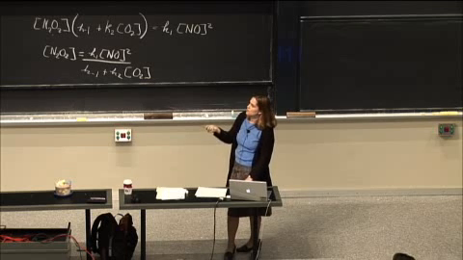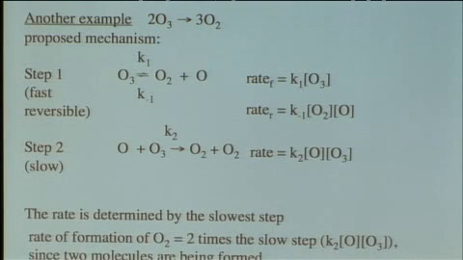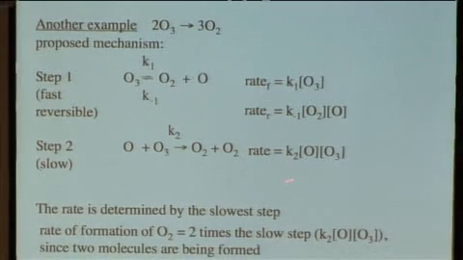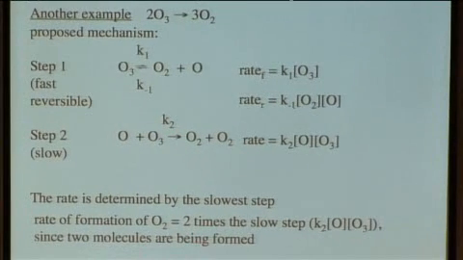And so that's going to be our slow step, our rate determining step. And again, we're forming 2 molecules of O2 in this step. So we can have a 2 in there, and the rate of formation of O2 in this last step is 2 times K2 times our intermediate O times O3.